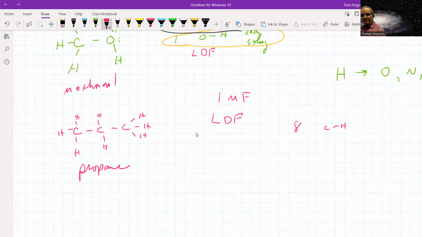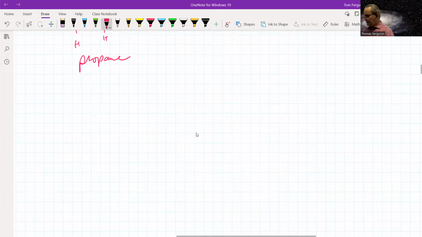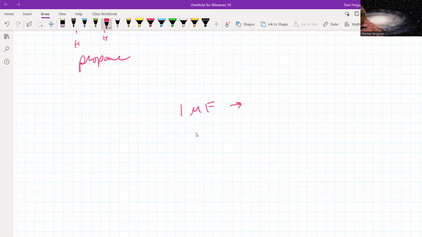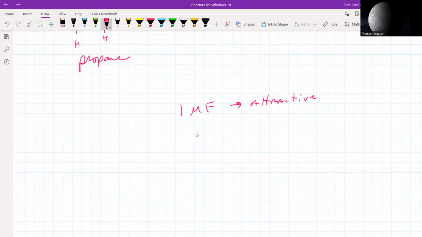Now, IMFs are attractive because an IMF is a dipole, and dipoles are attracted to other dipoles. How do you find if it's a permanent dipole? If it's 0.4 or greater. And they call that dipole-dipole.